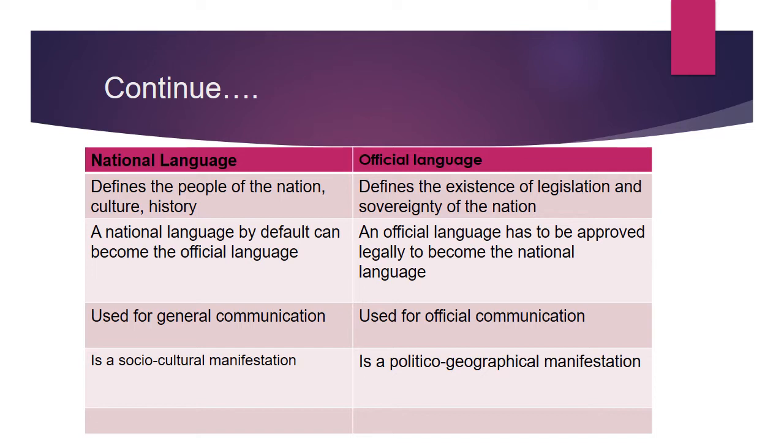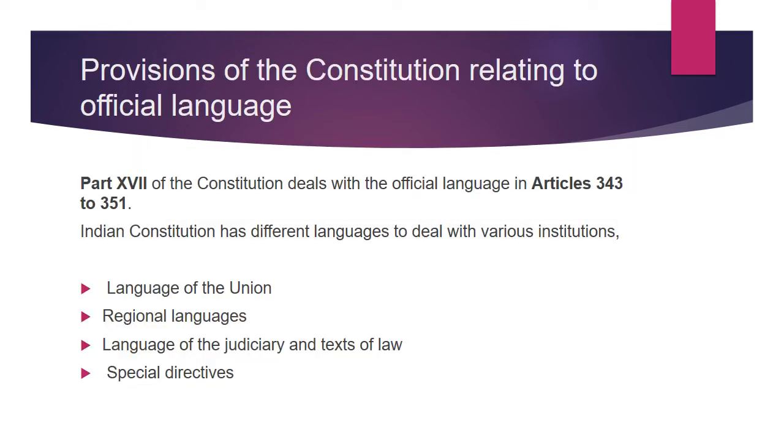An official language has to be approved legally to become the national language. A national language is used for general communication and an official language is used for official communication. National language is a socio-cultural manifestation. An official language is a politico-geographical manifestation.